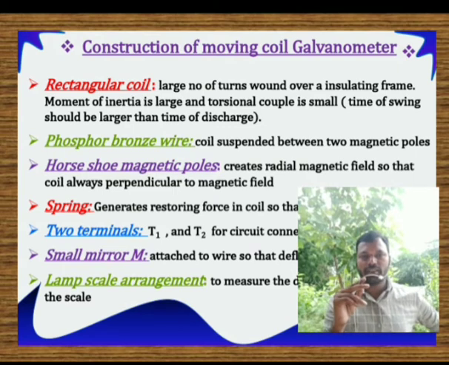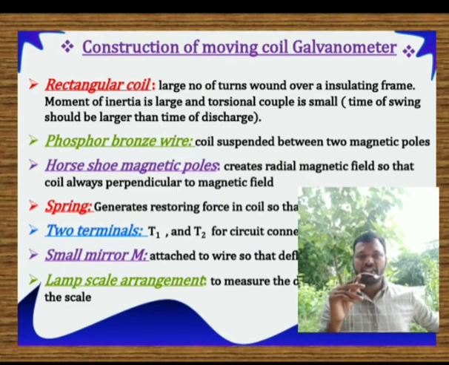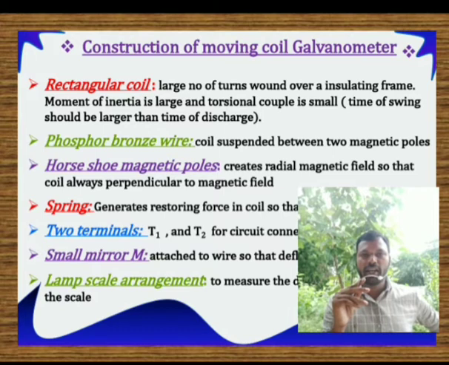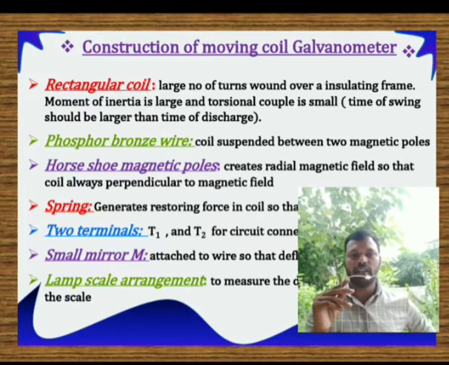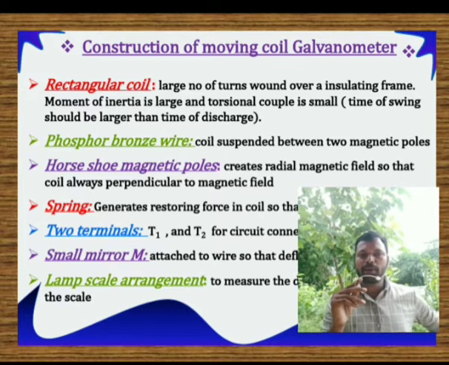Because the moment of inertia is so large, the time taken for rotation is longer than the time of discharge, and because the torsional couple is small, even a very small current generates deflection in the coil. We use phosphor bronze wire to suspend the coil between the magnetic poles.